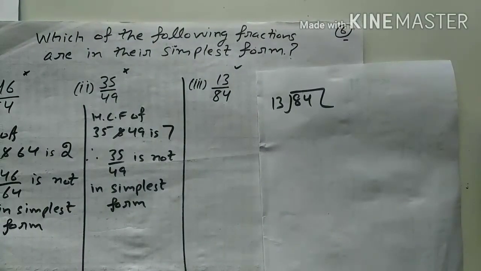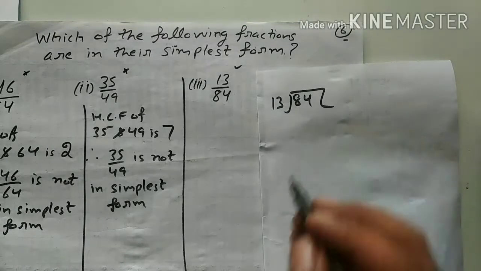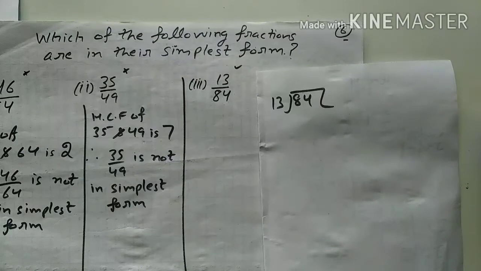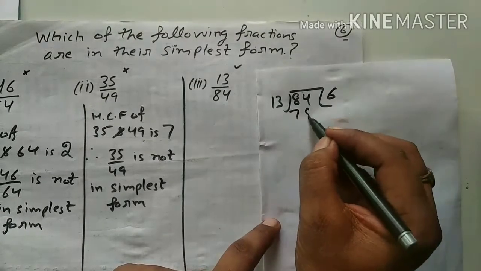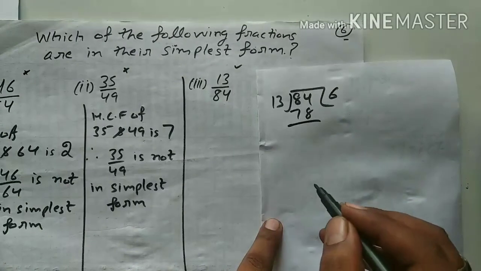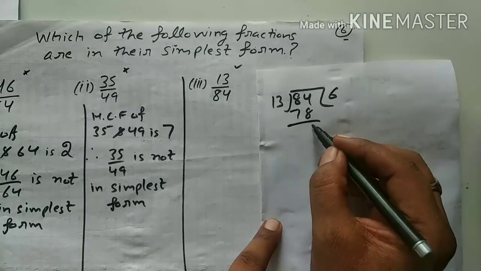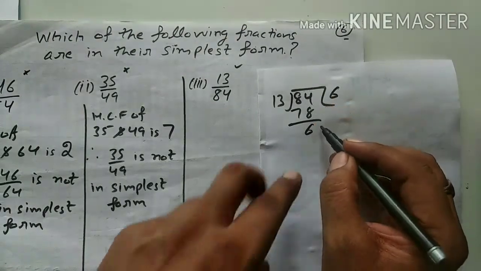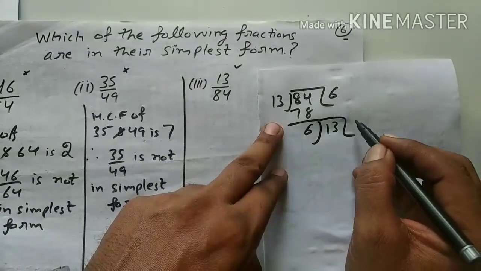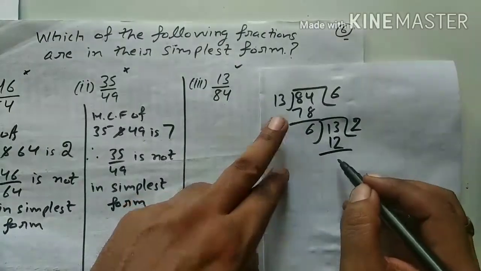Now we will find the HCF of 13 and 84 student. Here 13 ones are 13, 13 twos are 26, 13 threes are 39, 13 fours are 52, 13 fives are 65, 13 sixes are 78. Now 14 minus 8, that is 6. Now 13, 12, 1.